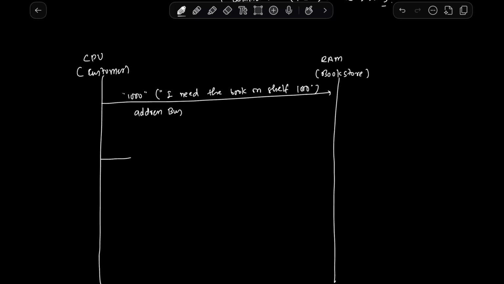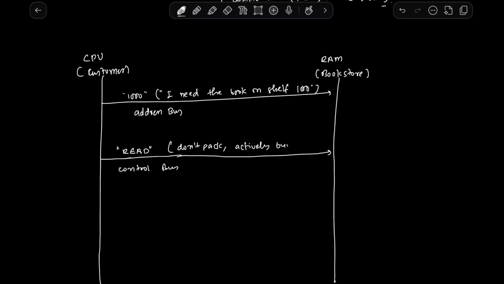So at the same time, when the address is kept on the address bus, on the control bus the read signal will be provided by the CPU. And what it means in literal terms is: don't pack, just looking.